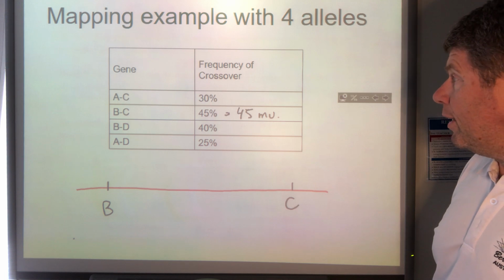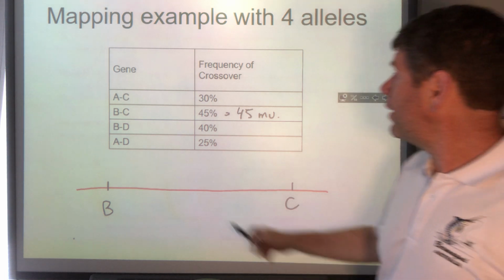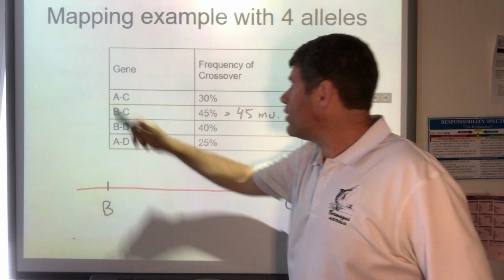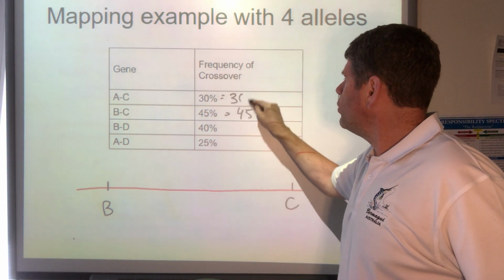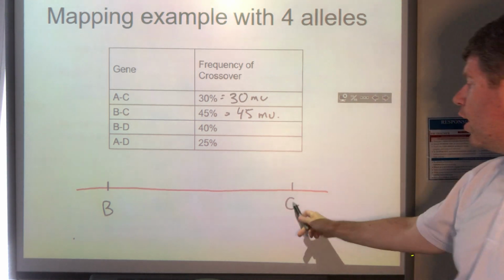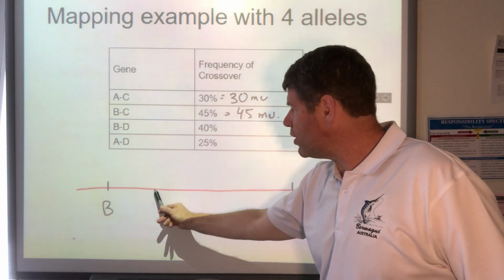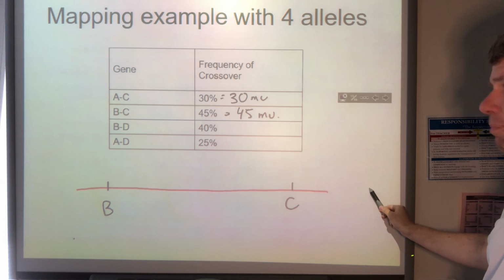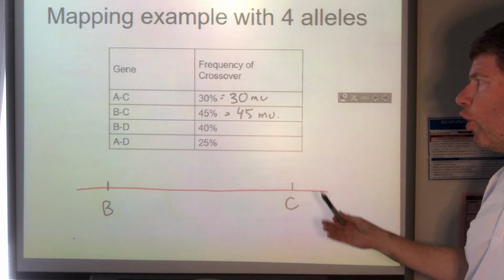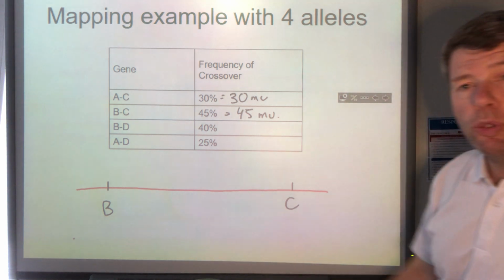Now my next thing, let's just work with A. So where's A going to be? It tells me that A is 30 map units away from C. So that's either 30 map units this way or 30 map units the other way. But I'm going to be reasonably assured that it's going to be found between my 2 extremes.